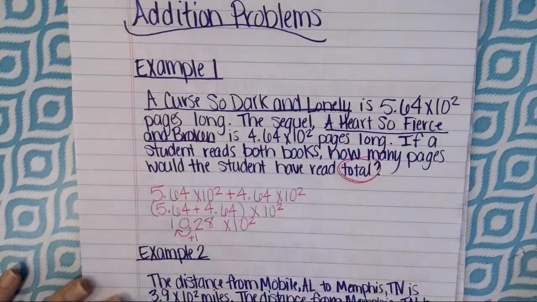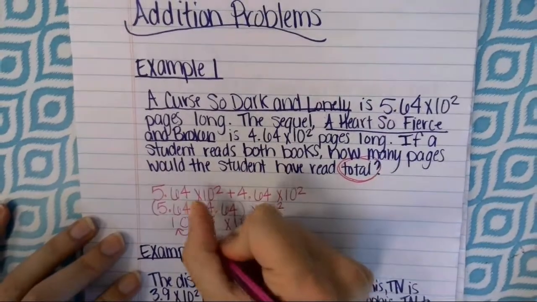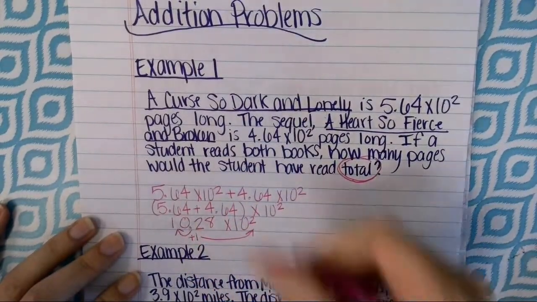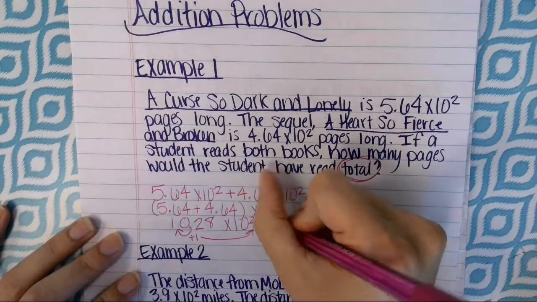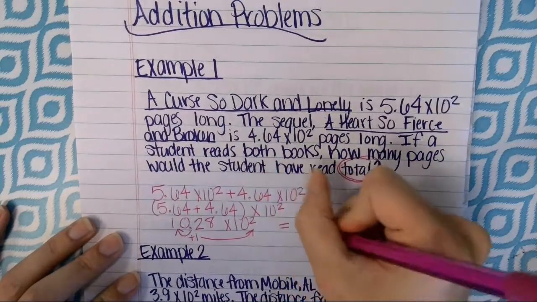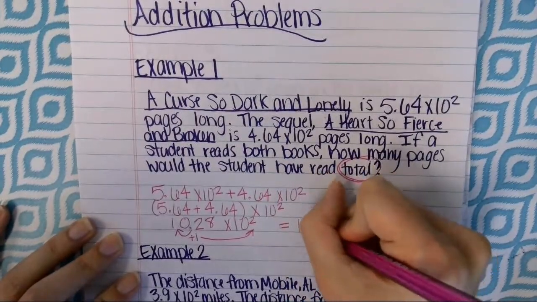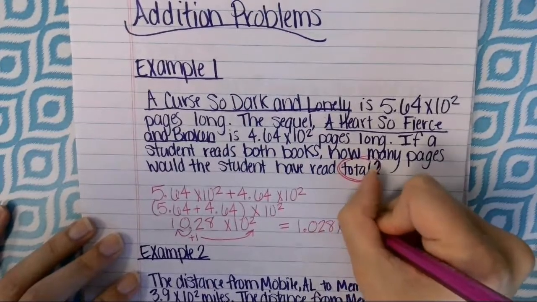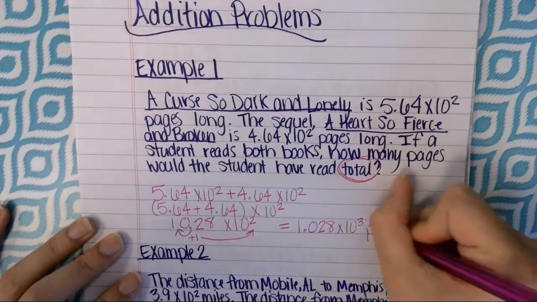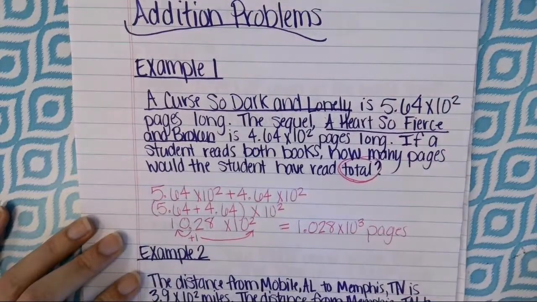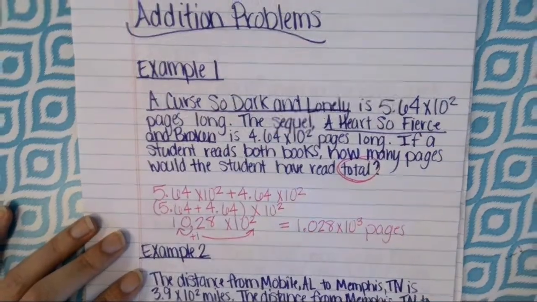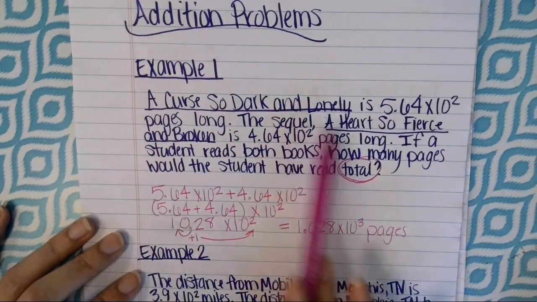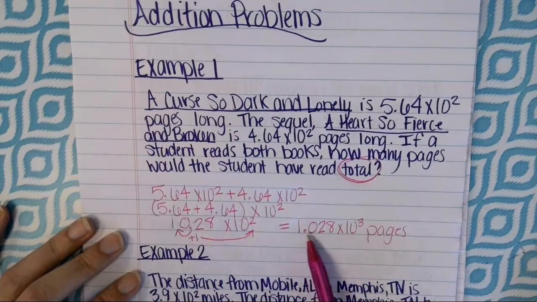So that means I need to add 1 to my exponent up here. So my new number in scientific notation will be 1.028 times 10 to the third pages. So if the student read both of these books, they would have read 1.028 times 10 to the third pages.